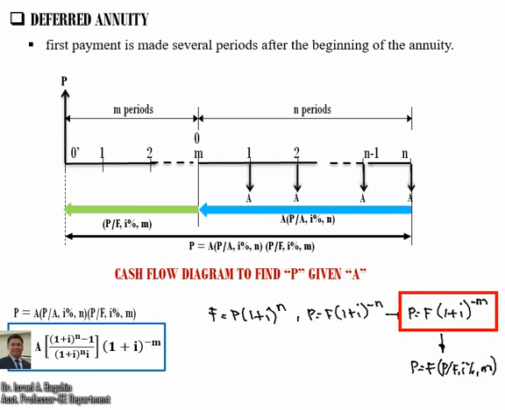So this is just equivalent to this formula. We now have the formula for the M period.